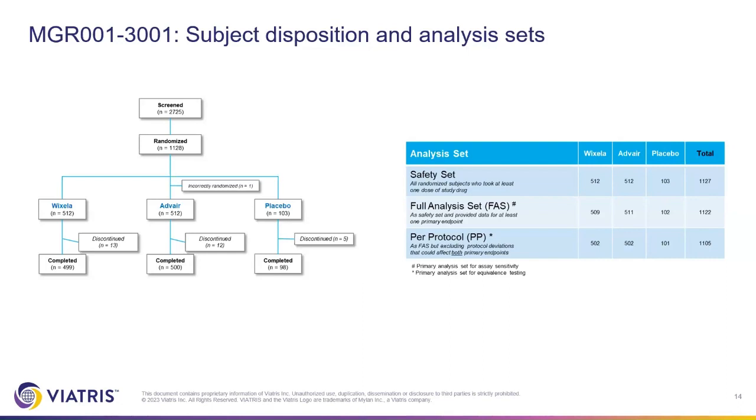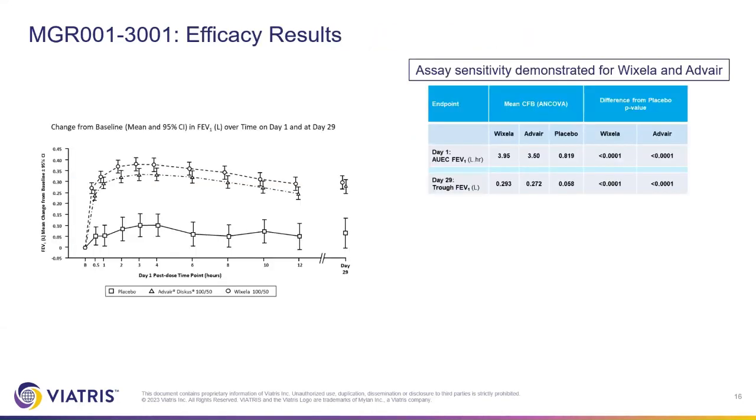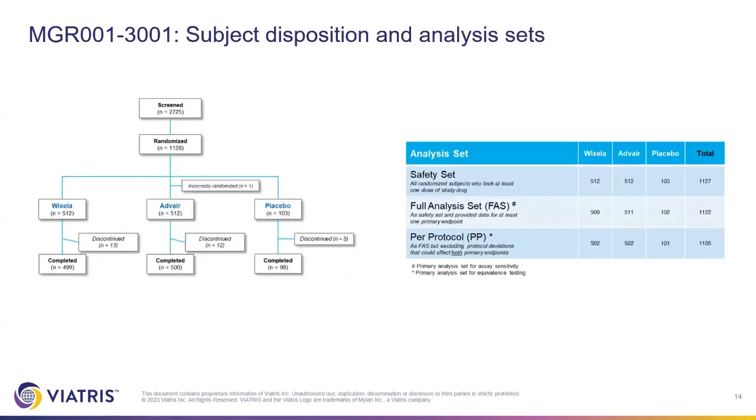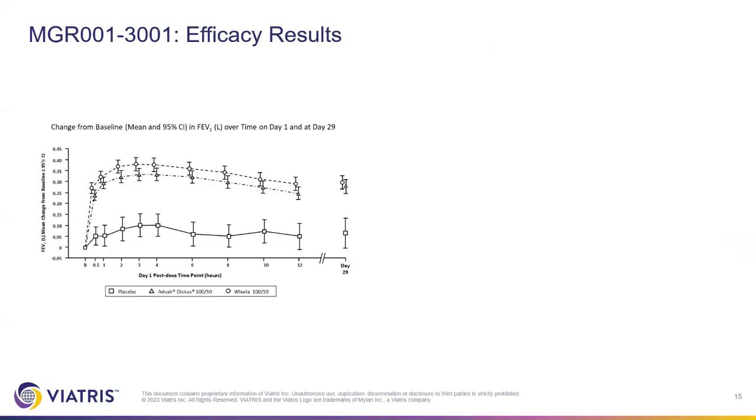The per protocol analysis was subjects who had endpoint data for at least one of the co-primary endpoints. And then we looked at sensitivity analyses as well, looking at subjects who provided for both. One thing I didn't mention was the number of subjects which we had to screen to get our 1,100 was over 2,000 subjects. This is not a small study.